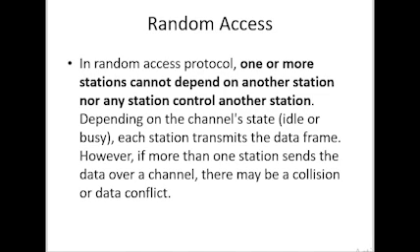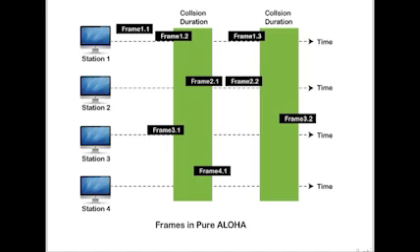Random access. In random access, one station does not depend upon another station, and no station controls any other station. Depending on whether the channel state is idle or busy, each station transmits its data frame. However, if more than one station sends data over the channel, there may be a collision or data conflict.